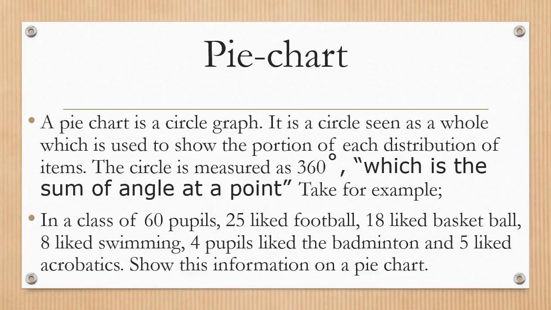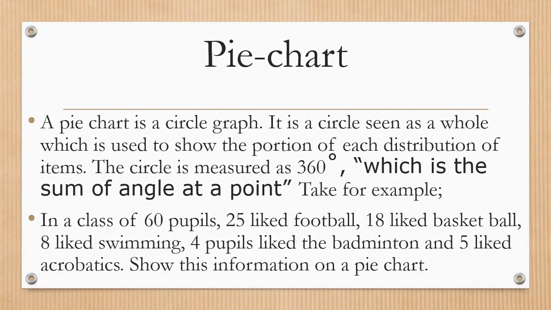Remember, last time on our week 3 or week 4, we learned about angles, where we talked about the right angle, the acute angle, the isosceles triangle, the reflex angle, and we talked about the angle at a point, which is a circle. What is the sum of the angles at a point? It is 360 degrees.